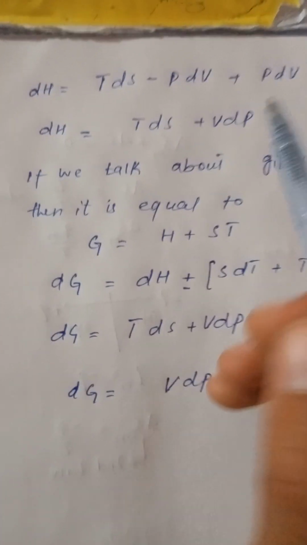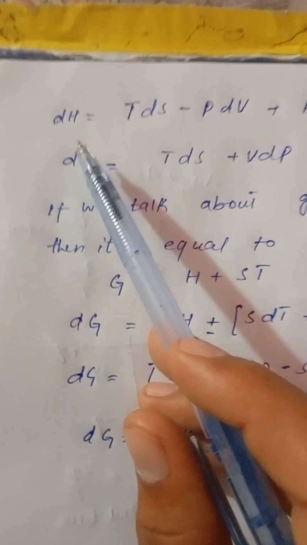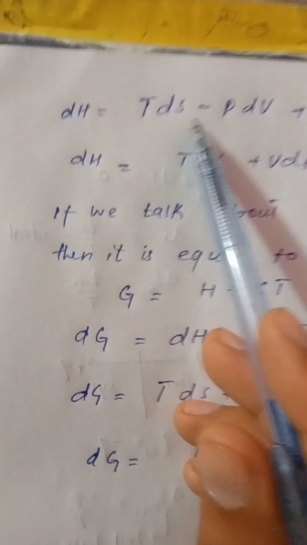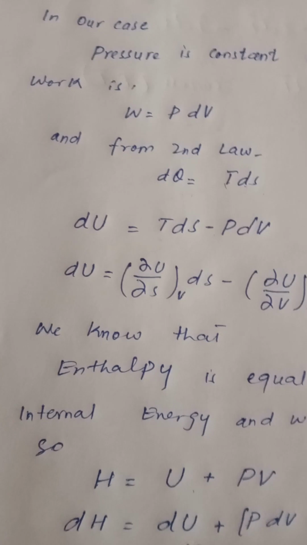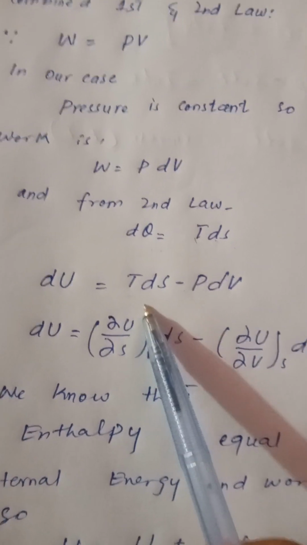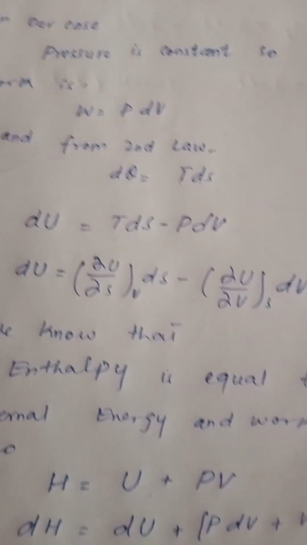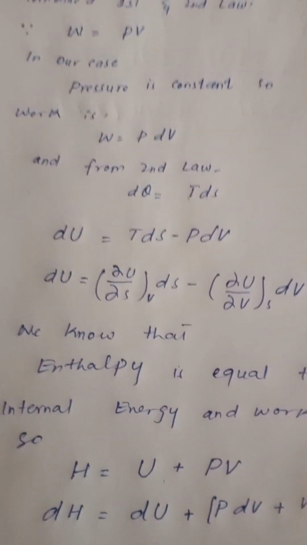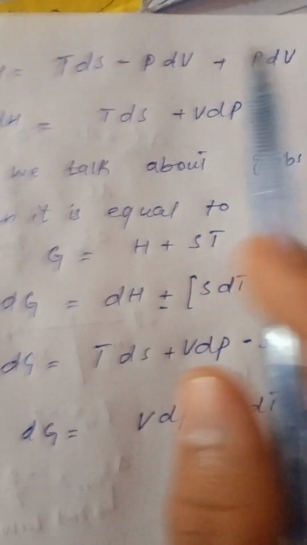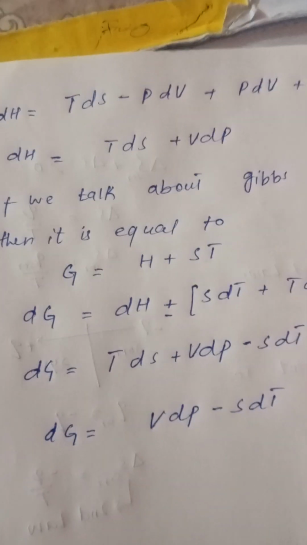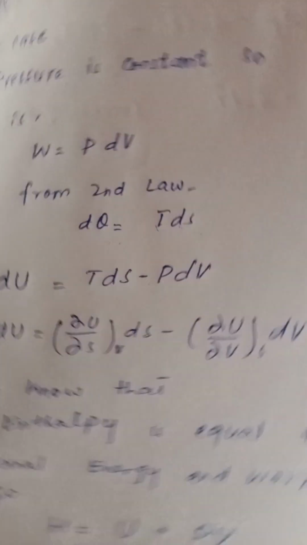The next step is, dH, the change in enthalpy, is equal to dU plus PdV plus VdP, where dU is equal to TdS minus PdV. Here I write the values: TdS minus PdV, plus PdV plus VdP. Where did I get it?